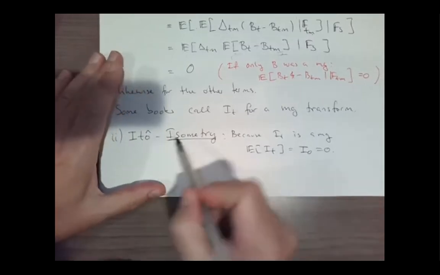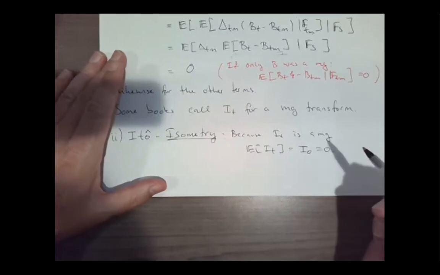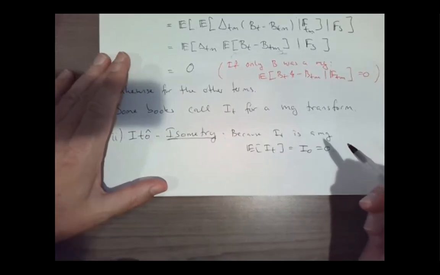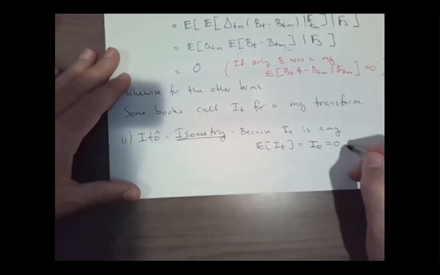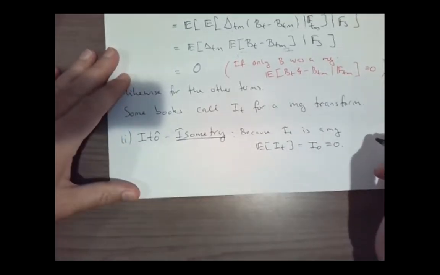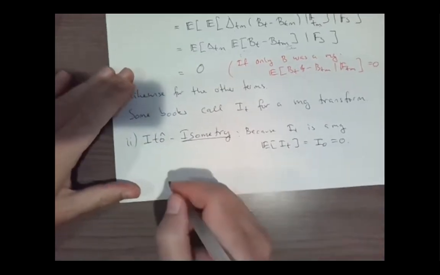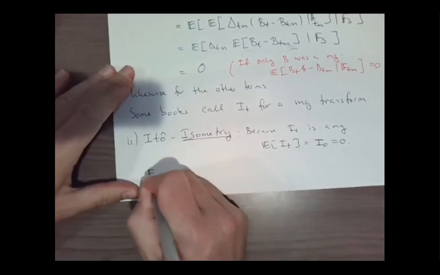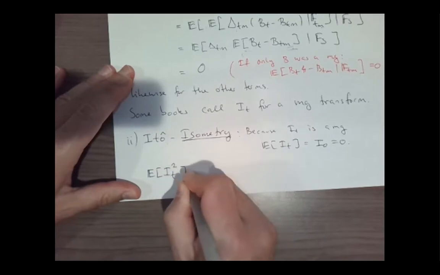But this is the first moment; the Ito isometry gets at the second moment. The Ito isometry says there is a way to calculate the expectation of I_t squared.